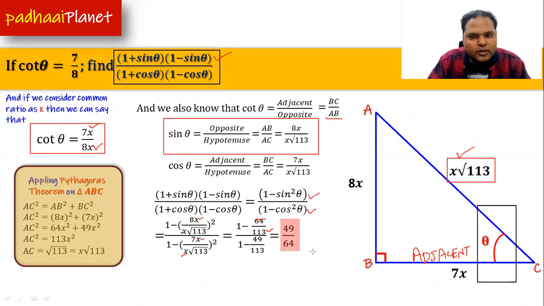So our final answer is 49 over 64. The value of the expression is equal to 49 over 64, and that's the final answer of our question.